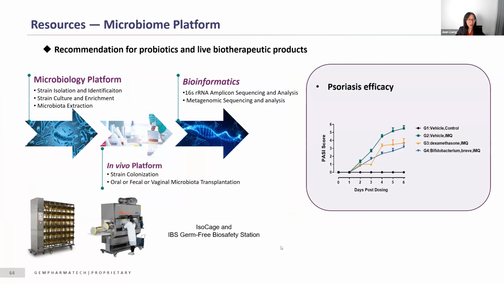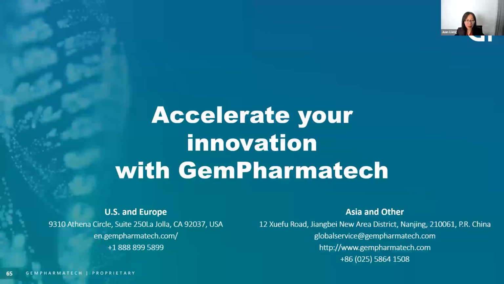Also, we have the microbiome platform. In this platform, we could evaluate microbiome efficacy for treatment of autoimmune disease. So here are all the resources we have in the autoimmune platform. Now I'm ready to take questions.